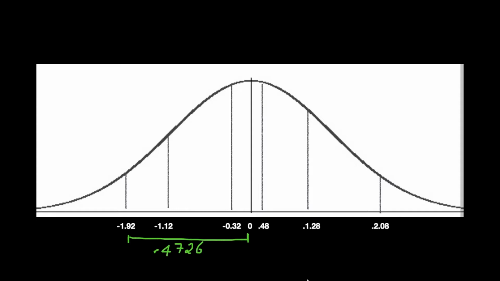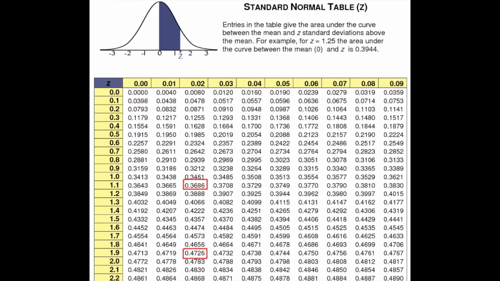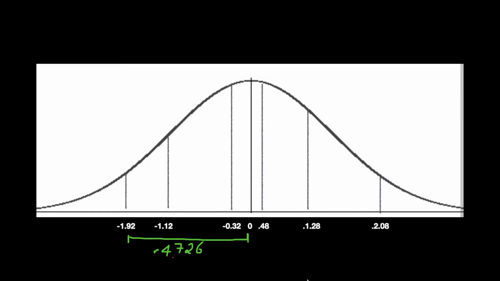So the next standard normal variate is negative 1.12. For negative 1.12, the value is 0.3686. Again, we know that from this point to 0, it is 0.3686, and the next point is negative 0.32.